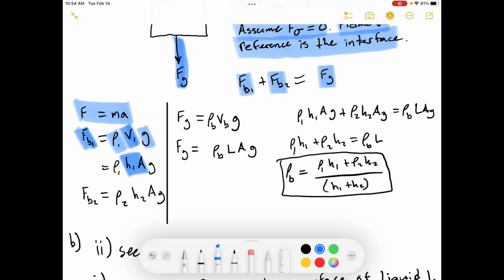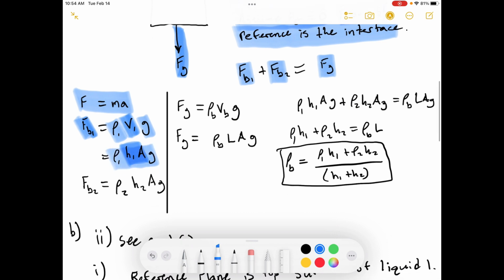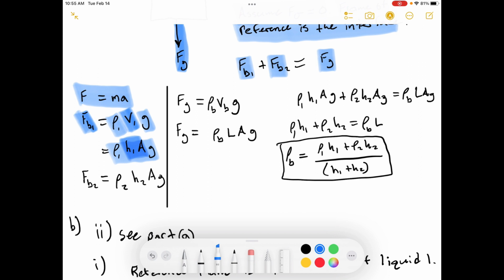So the area of the base times the height is the volume of the block that is displacing fluid number 1. So that is buoyancy force 1. Buoyancy force 2 is the same thing, except with the volume of fluid 2 displaced, and the density of fluid 2.